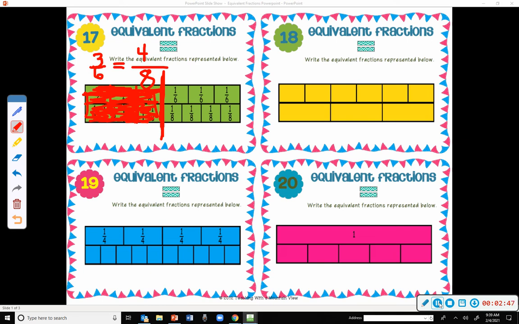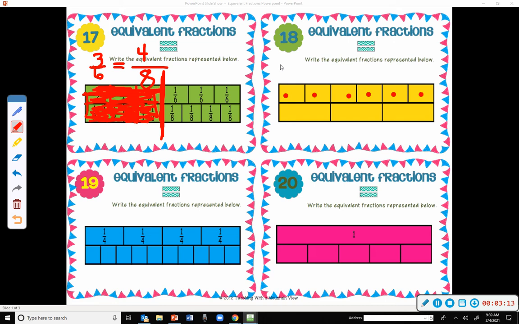Write the equivalent fractions represented below. So what do I need to do first? It's not labeled, is it? So what do we need to do first? Aaliyah? Count the squares. Good. So on the very top, let's count the squares to figure out what fraction we're going to be talking about. I have 1, 2, 3, 4, 5, 6.